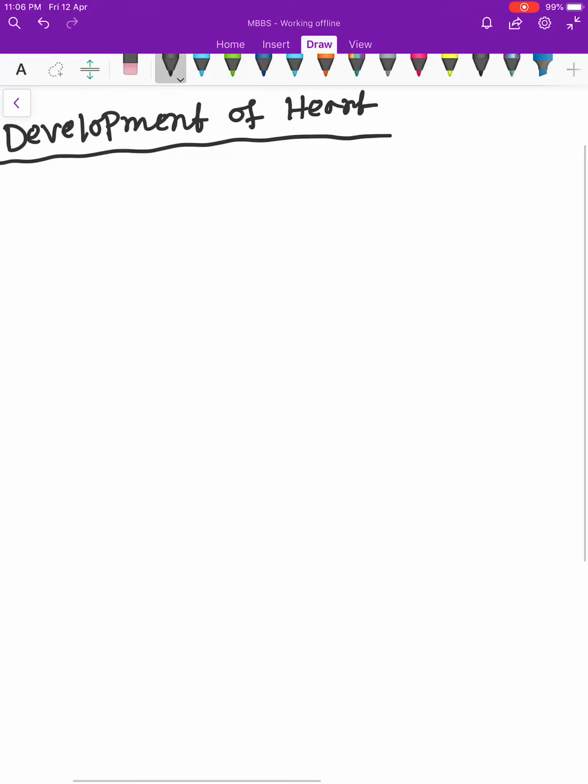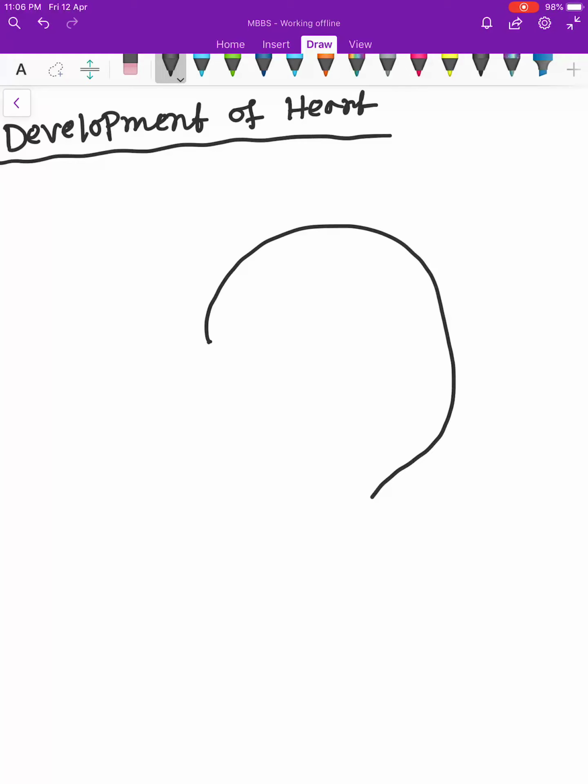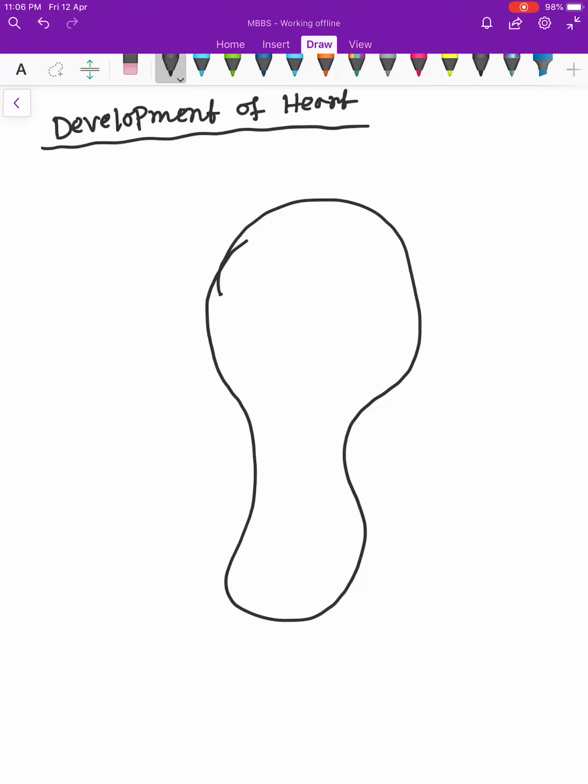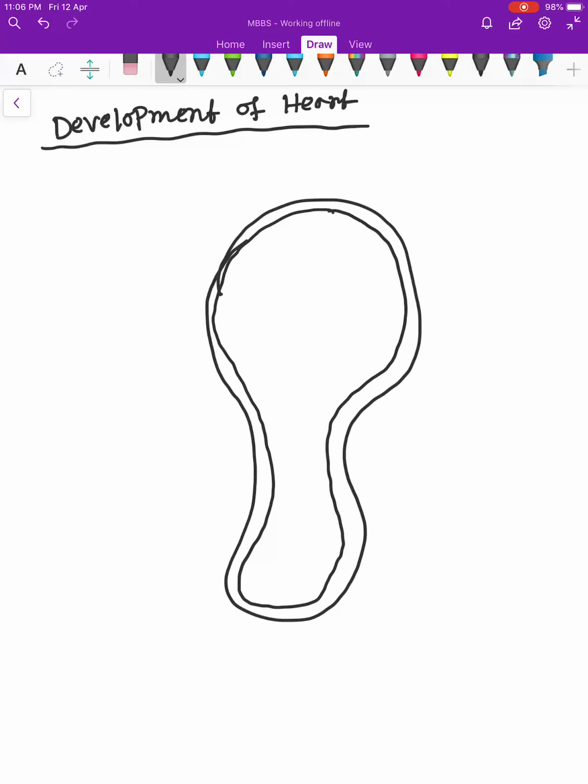Okay, so first, let's take this is the embryo at 18 days.